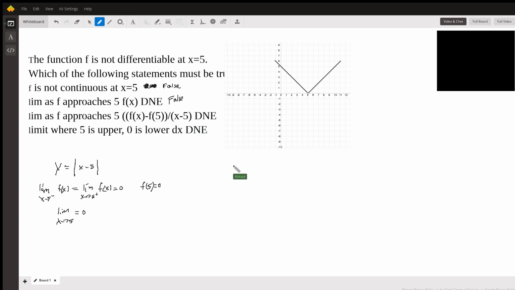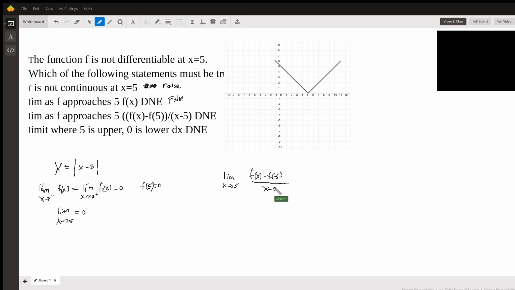And then this one, the limit as x approaches 5 of f of x minus f of 5 all over x minus 5.